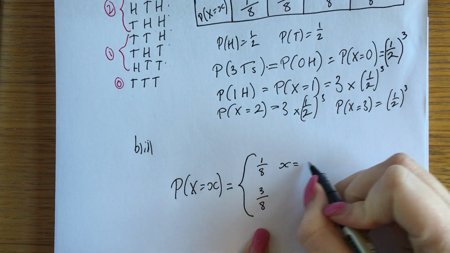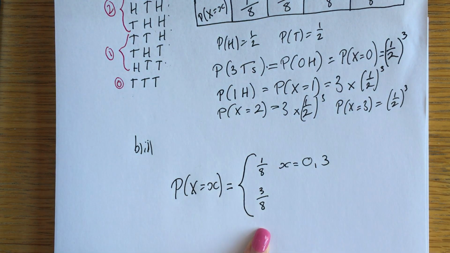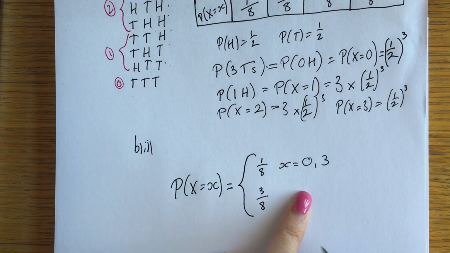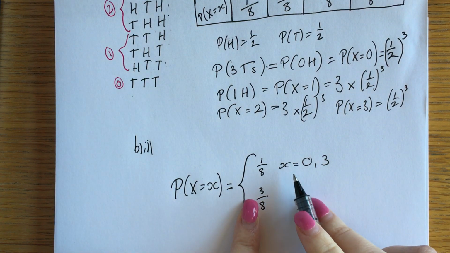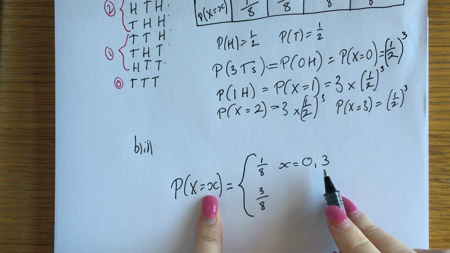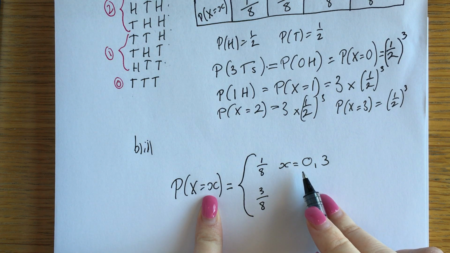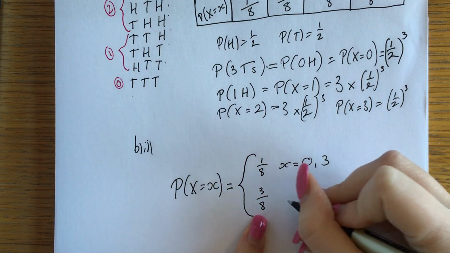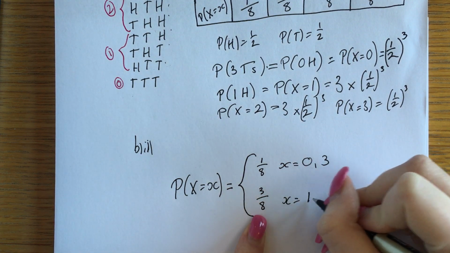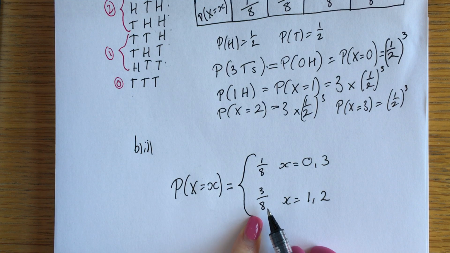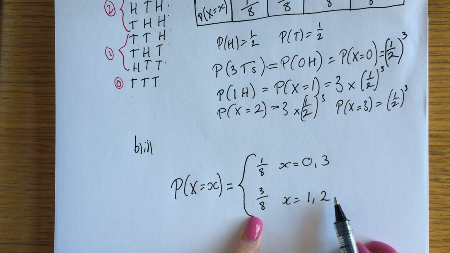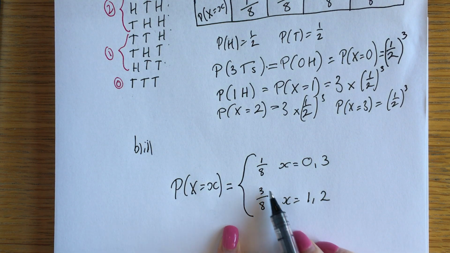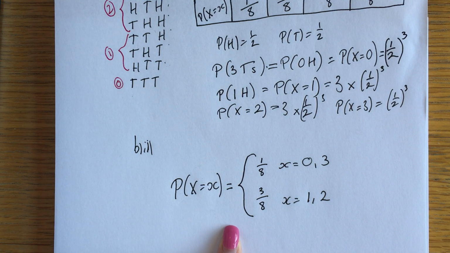Next to 1/8, I can say x is equal to 0 and x is equal to 3. So what this means is that when the variable has an outcome of 0 or 3, so 0 heads or 3 heads, the probability of that occurring is 1/8. And here, the probability of getting 1 head or 2 heads is 3/8.